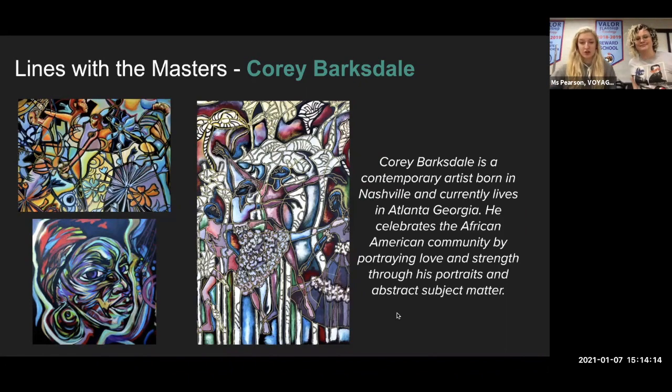That's right, in our Do Now, we did a line design practice, and that was actually an art piece by Corey Barksdale. He is a contemporary artist born right here in Nashville. Whoop, whoop. And now he currently lives in Atlanta, Georgia. He celebrates African American community by portraying love and strength through his portraits and abstract subject matter.